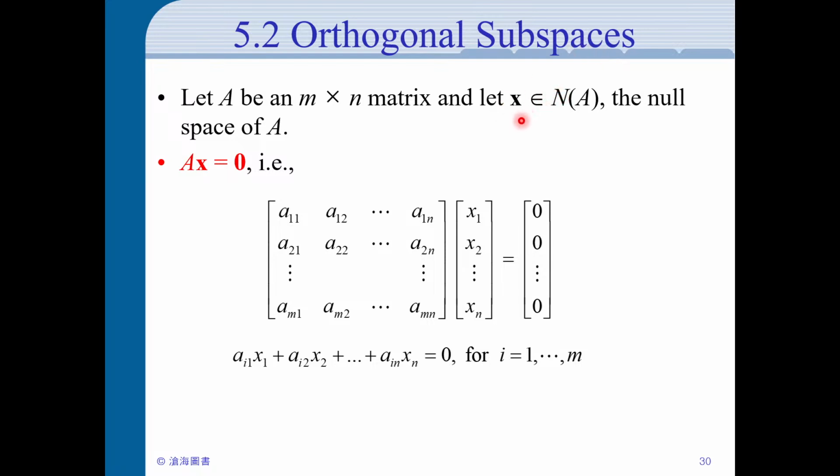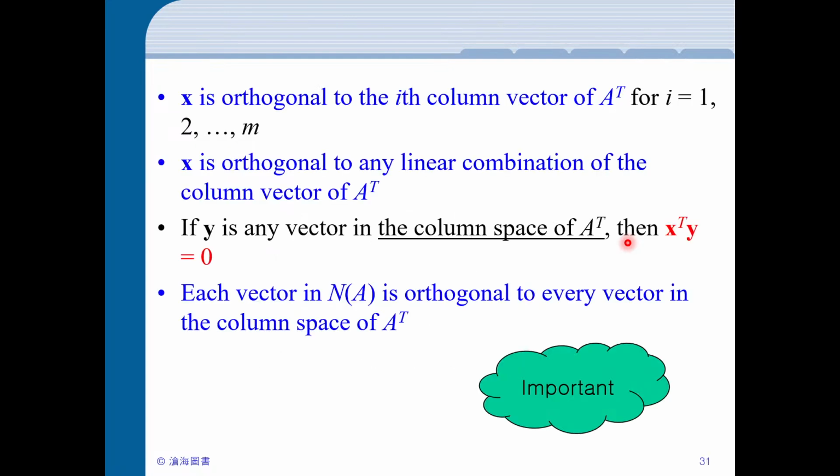Let's start with this example. Back to our matrix. We have a matrix, and we want to think about its null space. The null space consists of those x such that Ax equals 0. So whatever x here, it has Ax equals 0. Now we see why we say this definition is funny.